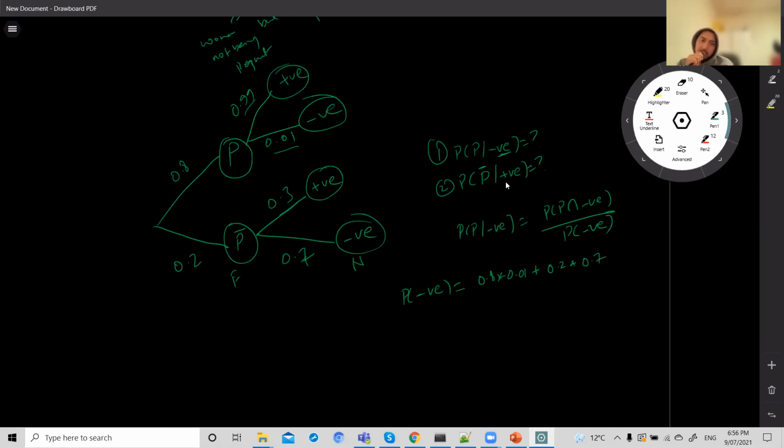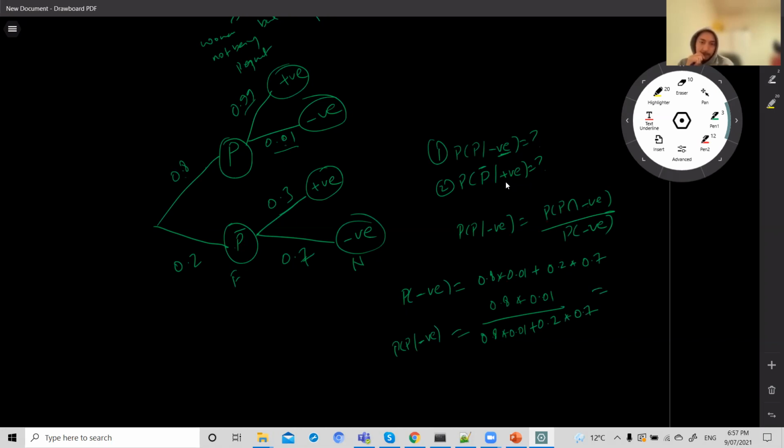And then the probability of P intersection negative is this times this, so 0.8 times 0.01, divided by 0.8 times 0.01 plus 0.2 times 0.7. So this will be the probability of being pregnant given that it shows a negative result. This would be the formula.